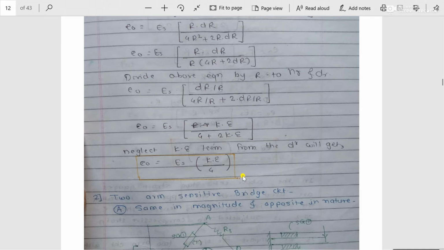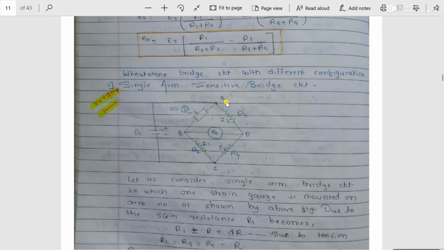That means out of the 4 arms, only one arm is sensitive, meaning only one strain gauge is mounted on the Wheatstone bridge circuit. Due to that single strain gauge, how the output of the Wheatstone bridge circuit is changed, that output we have derived by using this first configuration, the single arm sensitive bridge circuit.